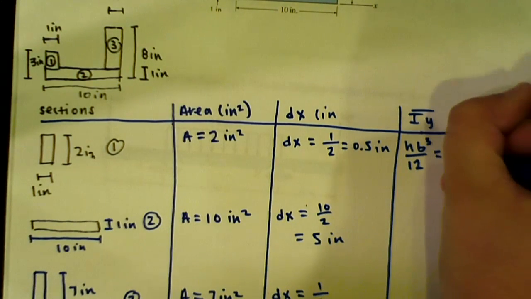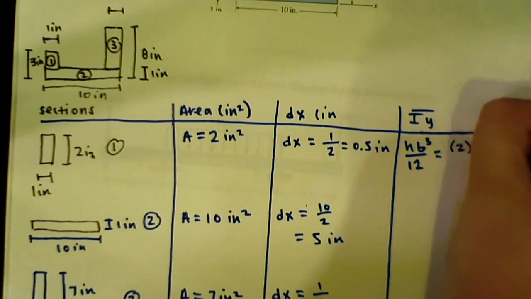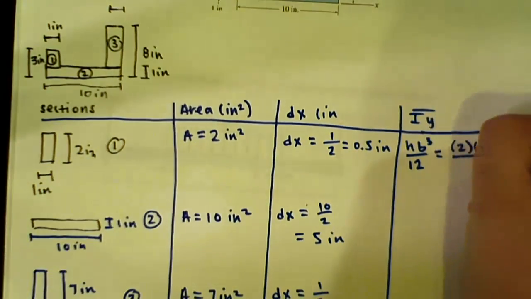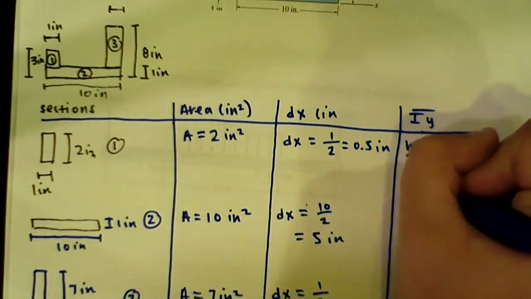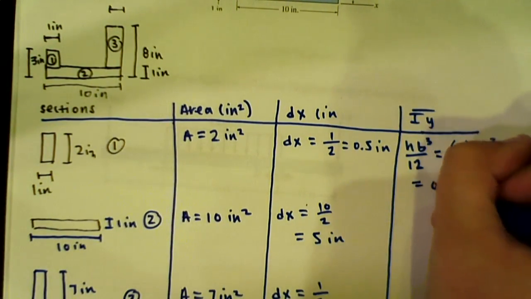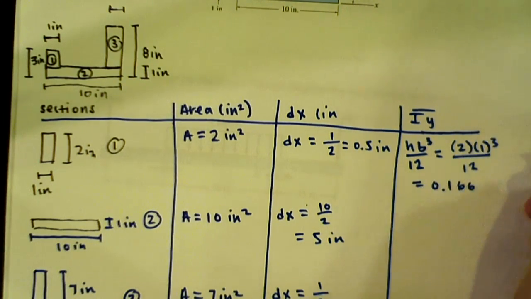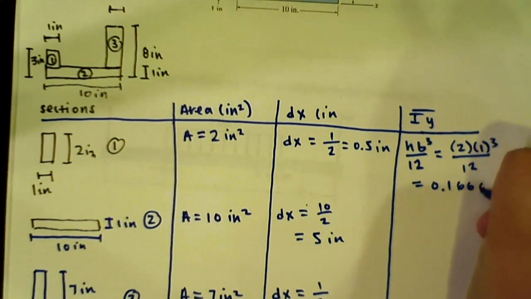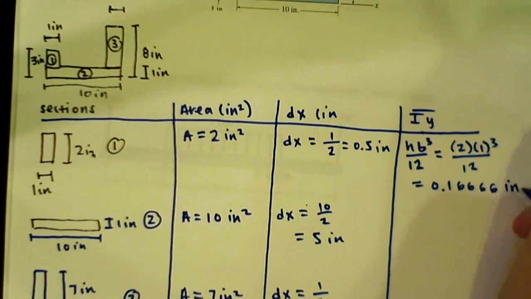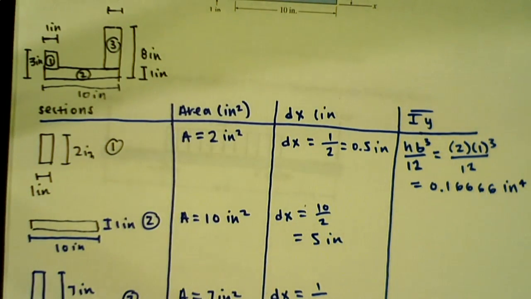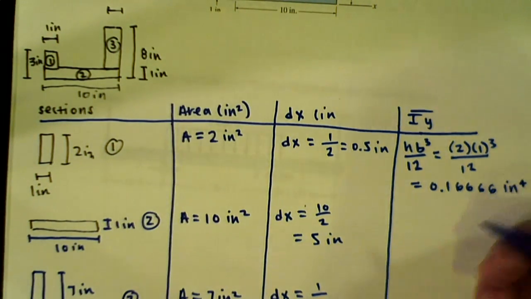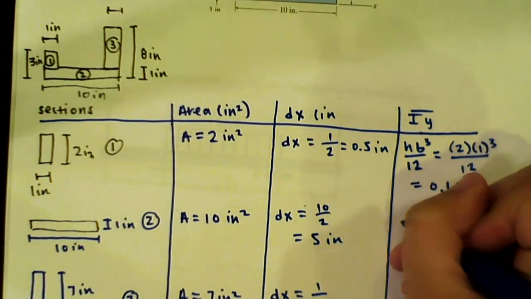So once you plug all of our numbers in, we have 2 times 1 cubed over 12. So our Iy for this section is going to be 0.16666 inches to the 4th. Now we do the same equation for the next section.